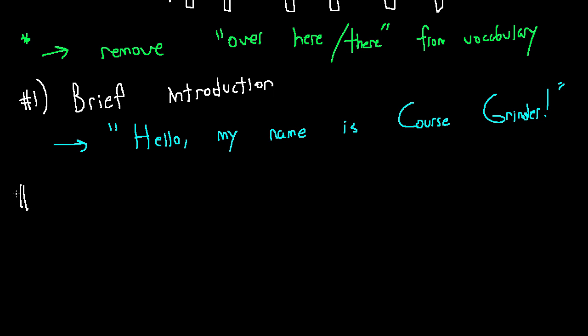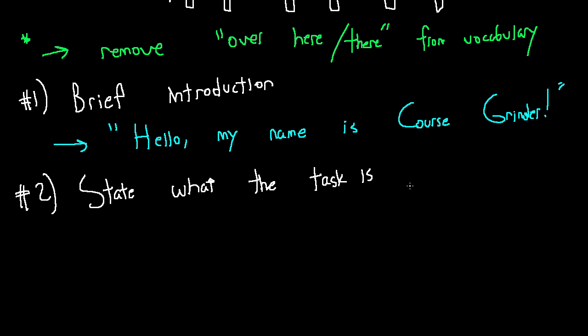Now we want to summarize what the task is or state the task. State what the task is. So once again, we're assuming you're the person who's going to be giving the instructions. We'll go ahead and say, I have a picture with, let's just give a brief description, with shapes and letters on it.